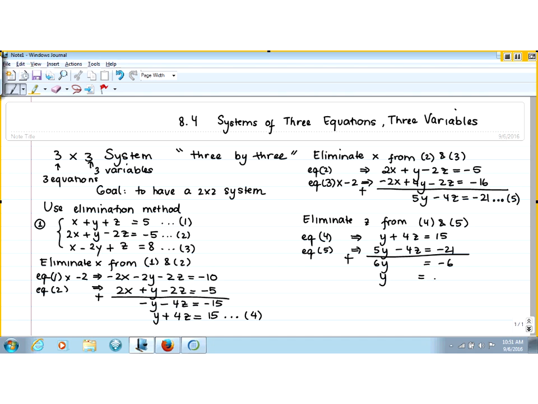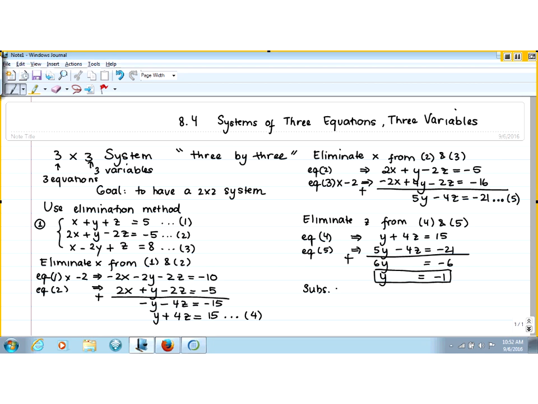So what is y? Okay, good. Then what? To get x, can we get x right away? No, you can get z first. Because your 2 by 2 is y and z, so you can get z first.